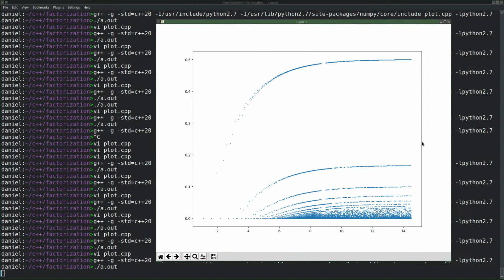It's nothing to do with the derivative, but what this says is that if we increase the number that we want to factorize by 2, then we need one more iteration step for this one.